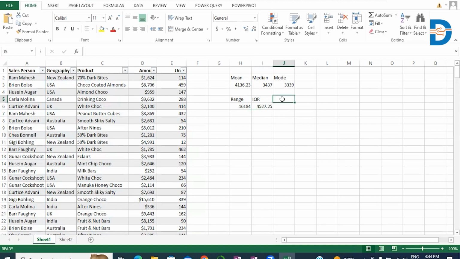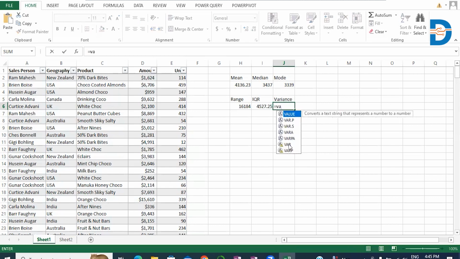Then next, we calculate the variance using the variance function of Excel. So we use the function to calculate the variance and pass the data to this function.